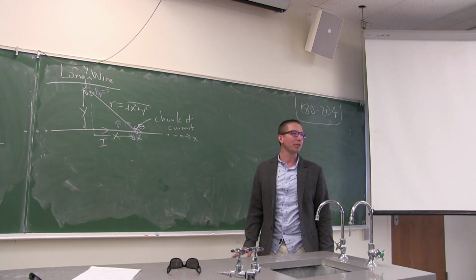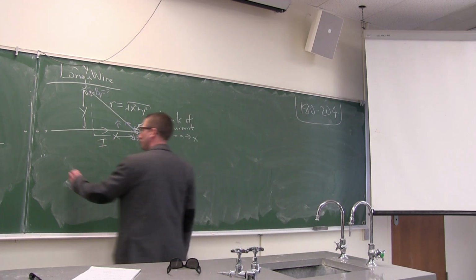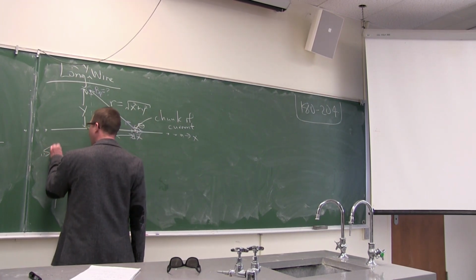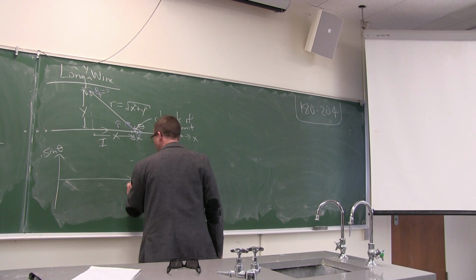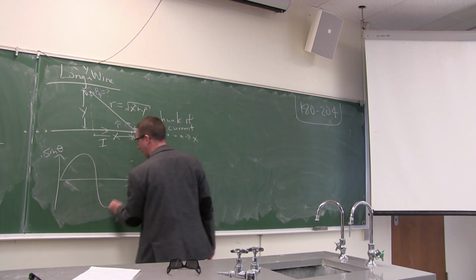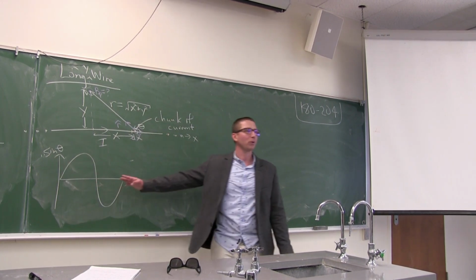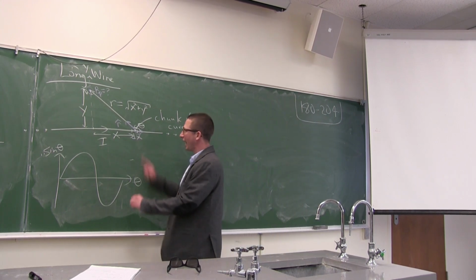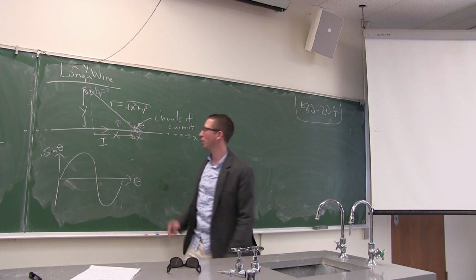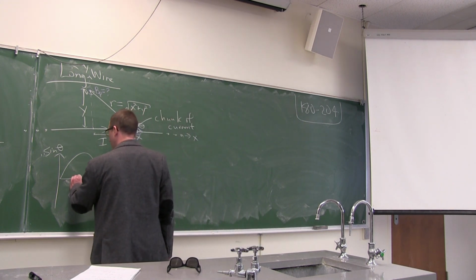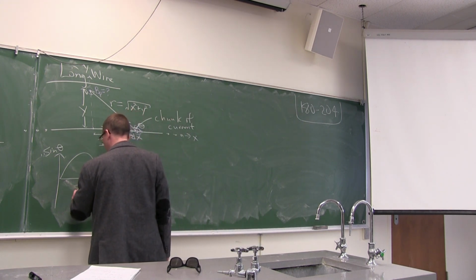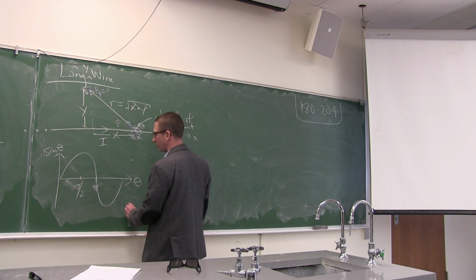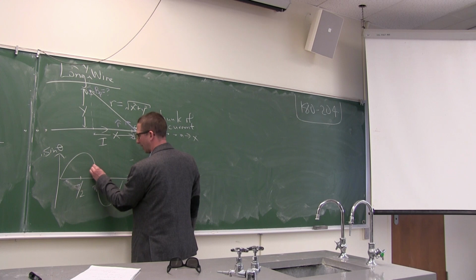Now let's do a little bit of geometry here, because the sine of theta is really what we're interested in. Sine of theta versus theta looks something like this. Familiar with the sinusoidal graph? Now, this angle is actually greater than pi over 2, but it's less than pi. So that angle actually corresponds to somewhere here.